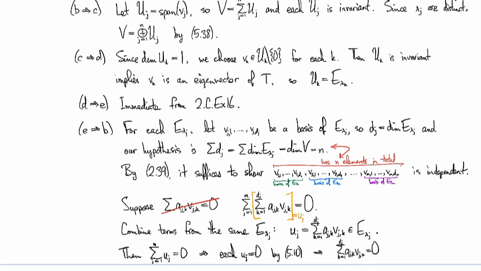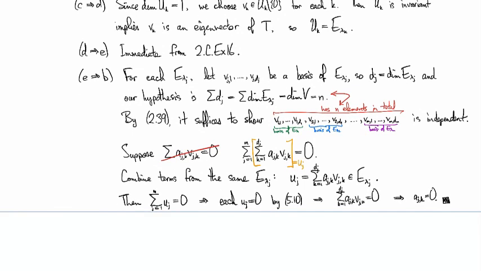However, since those V's form a basis for E lambda j, they are linearly independent. And so that means that all of the AJKs are equal to 0. And that's what we needed to show in order to see that this is a linearly independent set. So we are done.